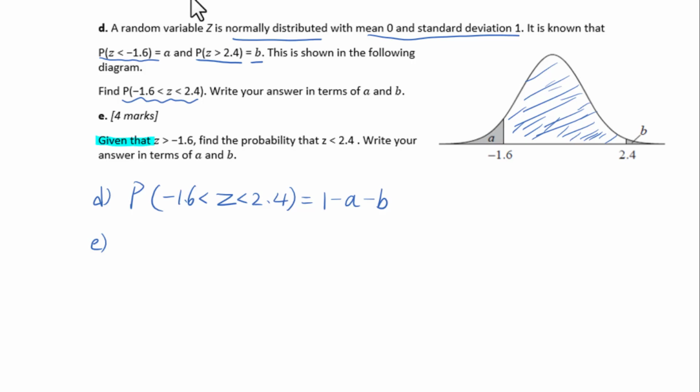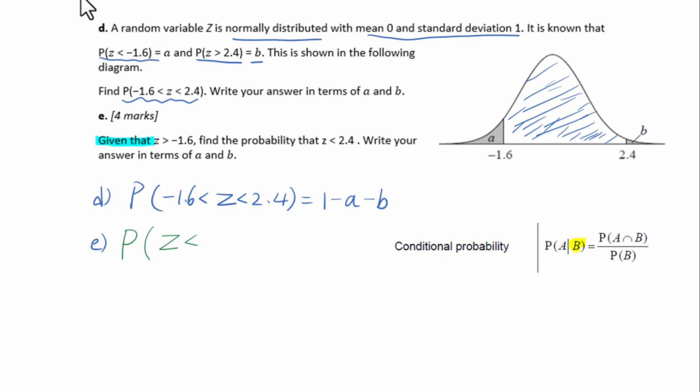Since this is a conditional probability, we can write down probability Z less than 2.4, given that Z greater than negative 1.6.